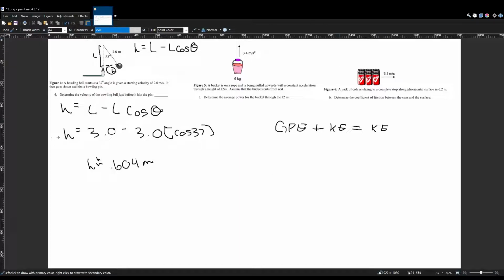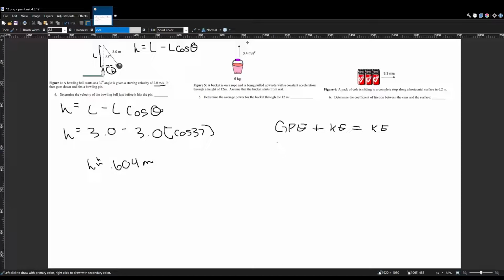We're given a starting velocity, and that's unique because kinetic energy is going to be on the left side. In the first instance, before anything starts, kinetic energy has to be here because we're given this 2 meters a second starting velocity. We have to factor that in here. And the last part, we're given just kinetic energy because we're asking for the velocity just before it hits the pin. So for all intents and purposes, there's not going to be gravitational potential energy, just kinetic energy because it's still moving, and that's what we're asking to find.